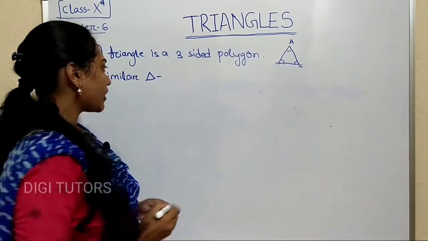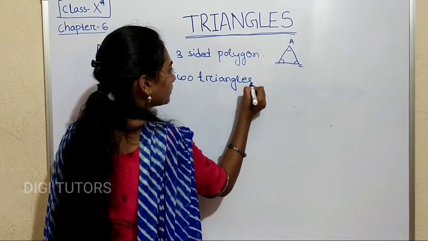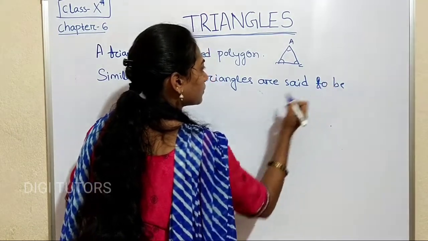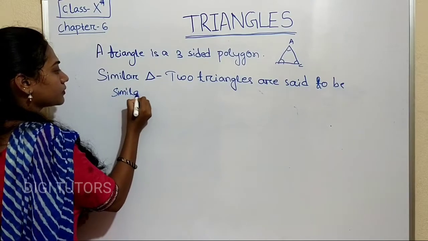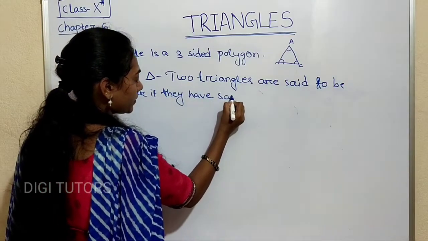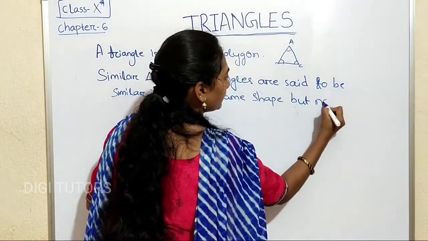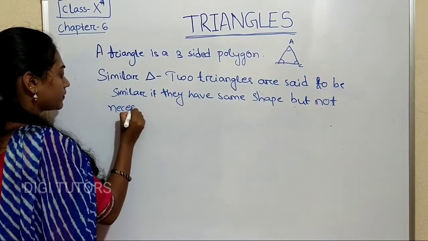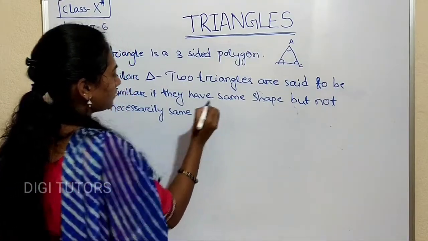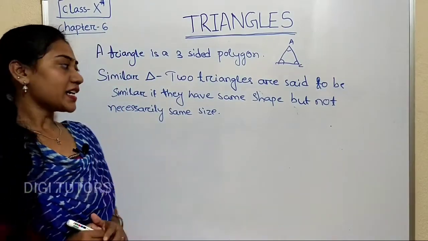In class 10th we are going to learn about similar triangles. Two triangles are said to be similar if they have the same shape but not necessarily the same size.